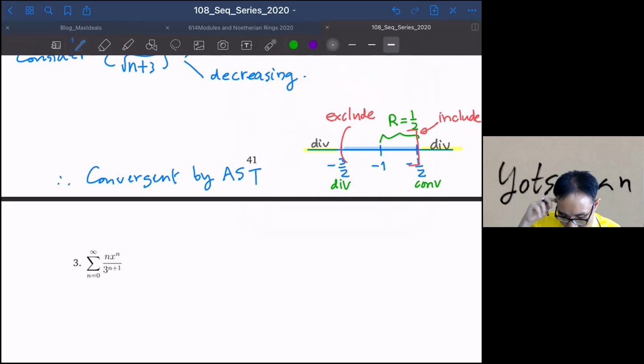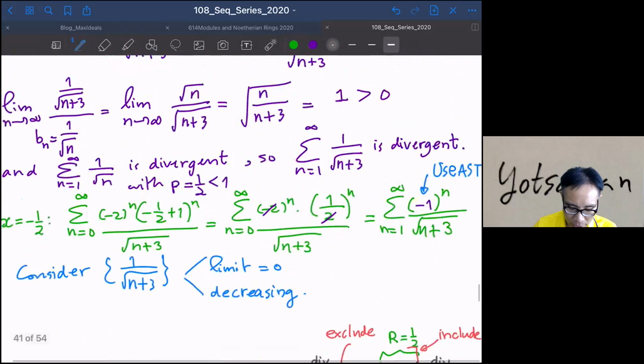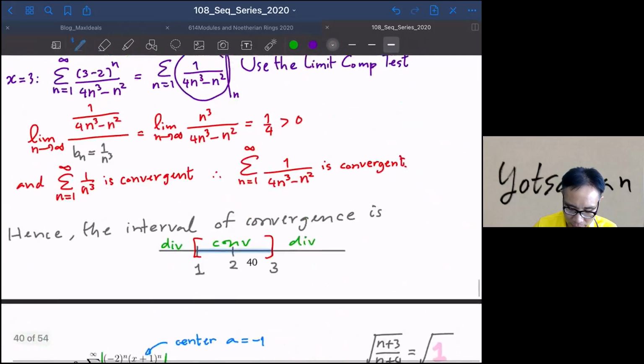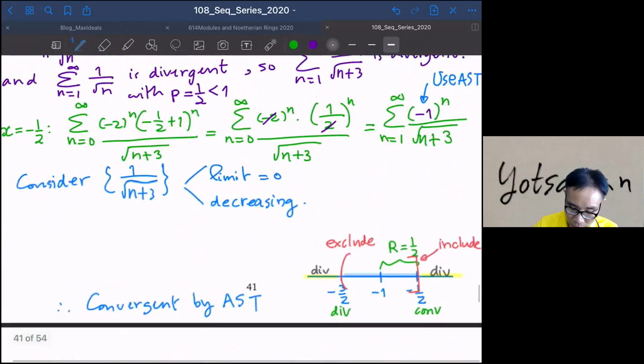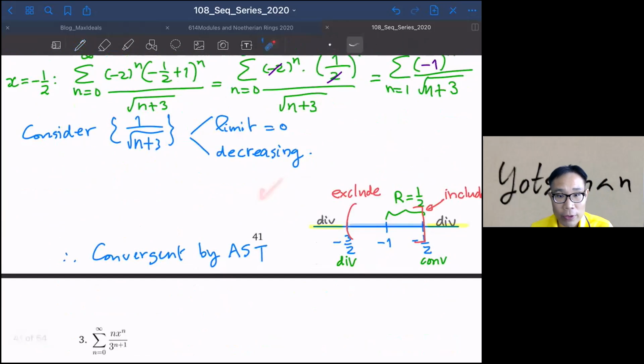I will let you do number 3 on your own first to see what you understand. For this one, show the limit equals 0 and decreasing, by just computing the limit equal to 0 and showing decreasing, and you'll be able to conclude.